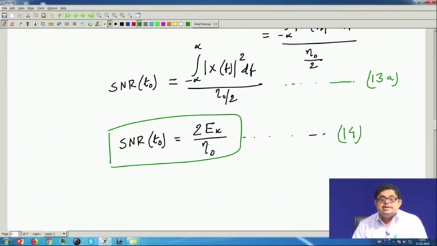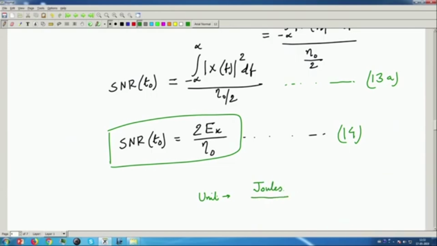Also, we need to check this equation dimensionally, because we will be using this equation always, that SNR is this. So, is it correct? Let us see. SNR, we know it is a dimensionless quantity, but what is this? E x is energy, so the numerator is joules, and what is eta naught? It is the power spectral density. So, power spectral density is watts per hertz.